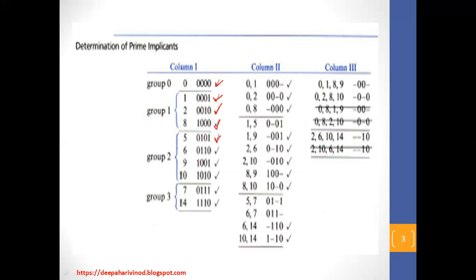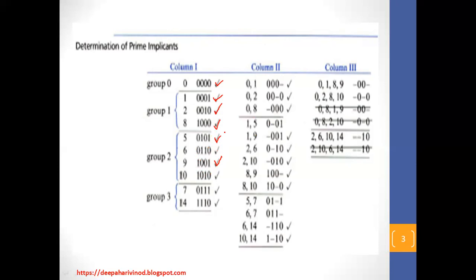Exclude that one. Next is 1 and 9. Yes, only the first bit changes, so I tick the 9; 1 is already ticked. Now 1 and 10: it cannot be compared.